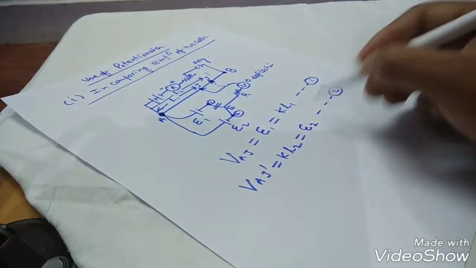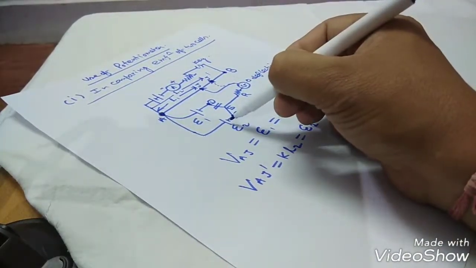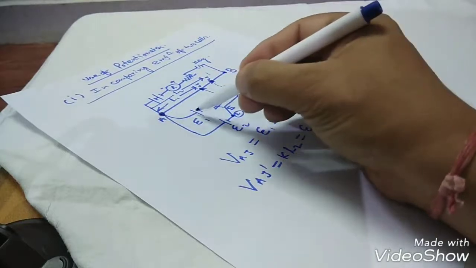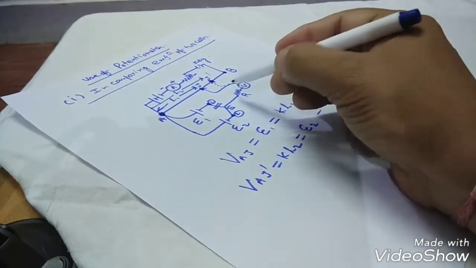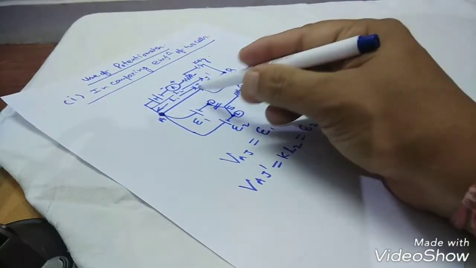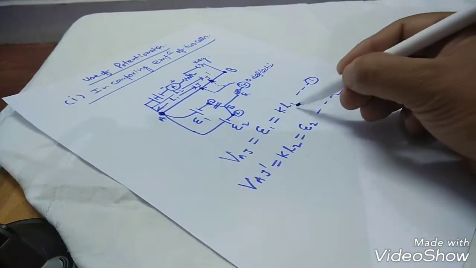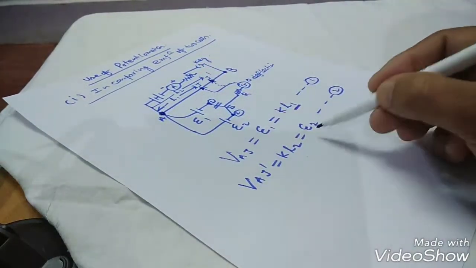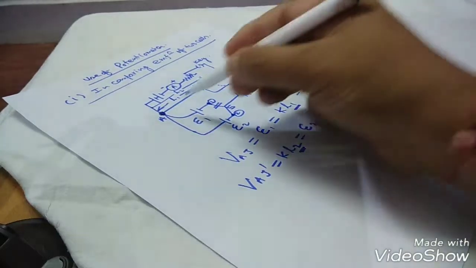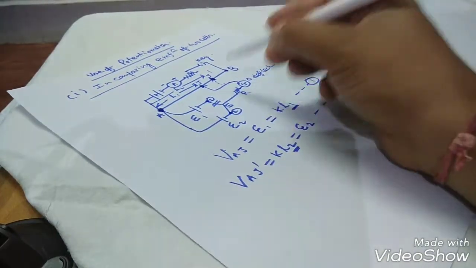This is the EMF of this cell. So firstly we bring one cell into the circuit, then secondly I bring the other into the circuit, and one out of these two will be out of the circuit. In the first case, L1 is the balancing length of the potentiometer wire. In the second case, L2 is the balancing length.